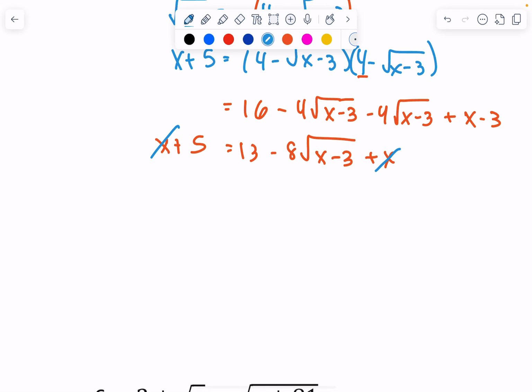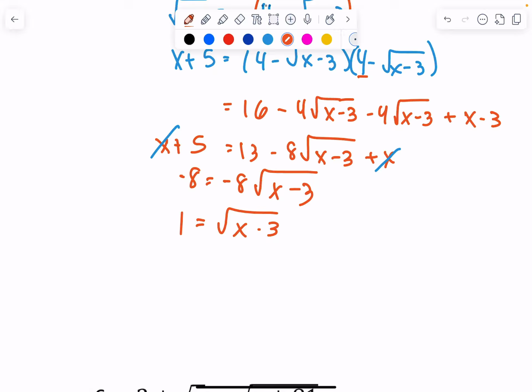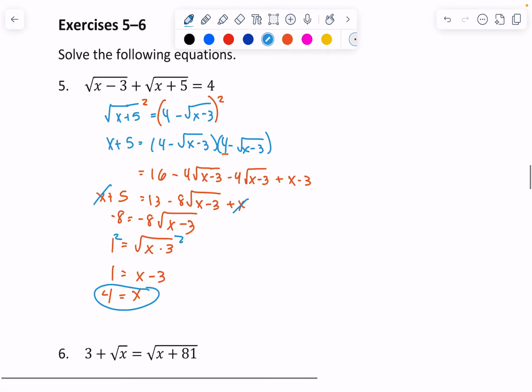Subtracting by 13 on both sides, I get negative 8. Divide by negative 8 on both sides, and you get 1. Square both sides. Add 3, and you get 4. So 4 is the final answer because when I plug it back into the original, it does work out.